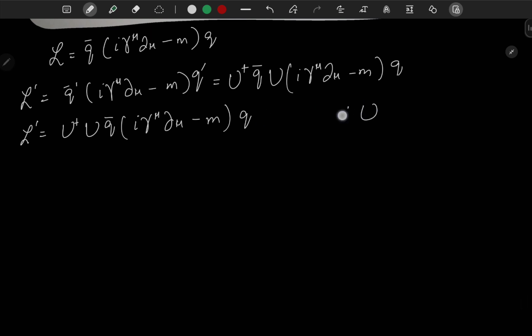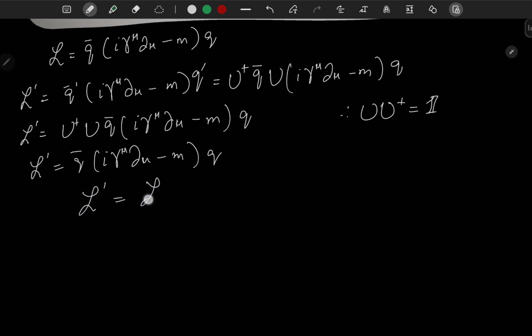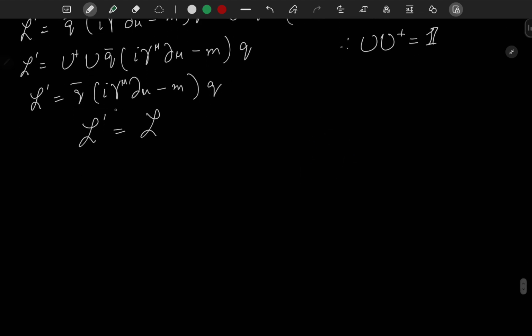Since U into U dagger equals unity, as I have mentioned earlier, it's equal to Q bar iota gamma mu d mu minus m into Q. So this Lagrangian is trivially invariant under the global phase transformation. Now moving forward, yes, it's invariant.